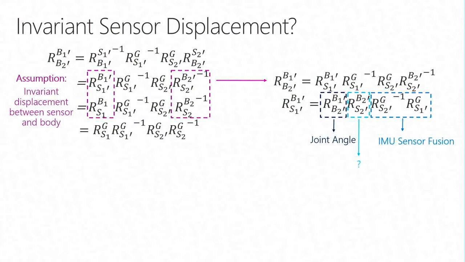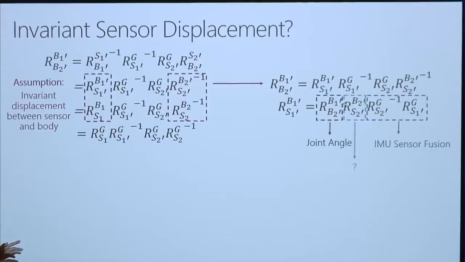What is this? This is the second sensor's displacement on the second body part. Basically, it's the counterpart of this, but it's the second one. So we cannot solve these two unknowns in one single equation. It's impossible. So here, we propose to fix an anchor point on a relatively stable sensor, aka on the head, or we can also fix on the left or right foot, but here we used our head.